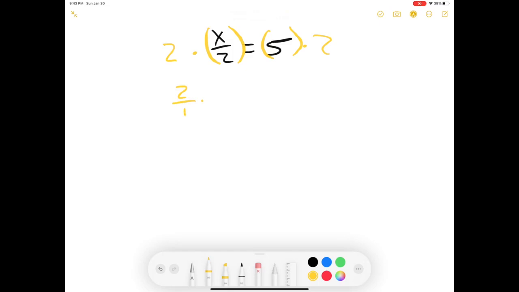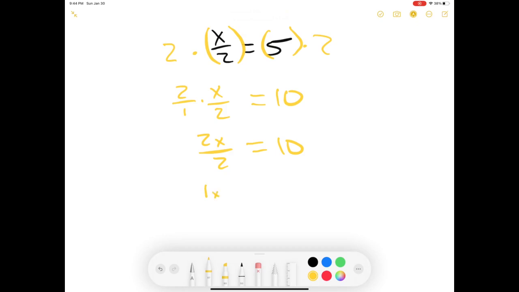So what happens? I have 2 over 1 times x over 2 equals 5 times 2 is 10. Got that? But 2 times x is 2x over 2 equals 10. So I've got 2x divided by 2, which leaves me with 1x, really, because 2 divided by 2 is 1.